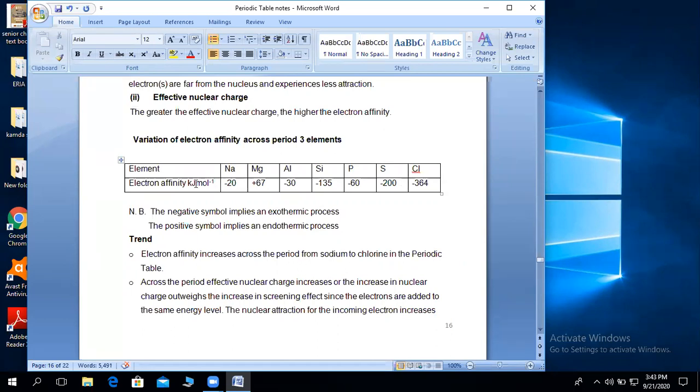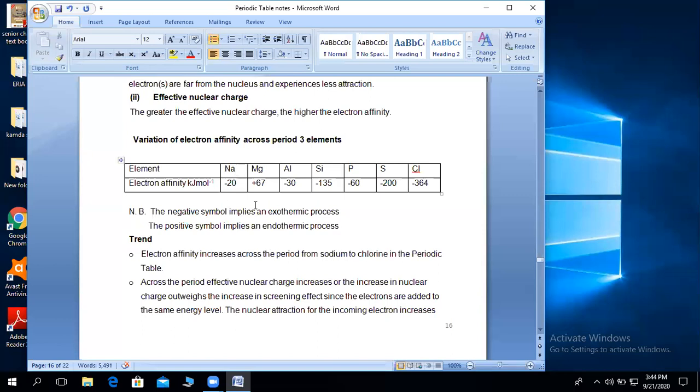Now, you agree with me, the same explanation you used for ionization energy, that as you go across the period from one element to another, there is an extra electron added, but that electron is added to the same energy level, because in one period those elements have the same number of energy levels.